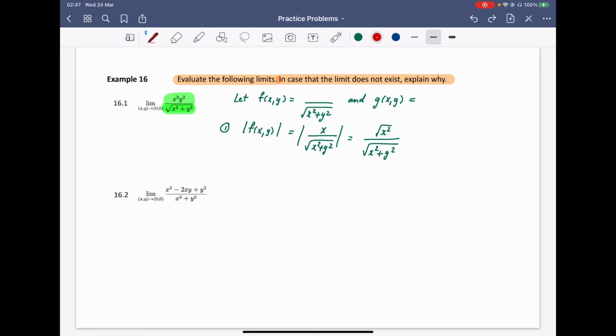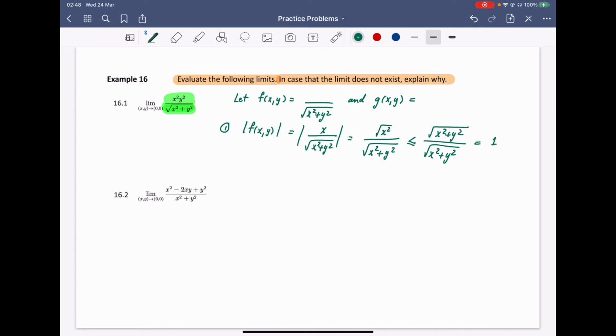You want it to be less than or equal to the square root of x squared plus y squared, which you can do for sure because y squared is greater than or equal to 0, so x squared must be less than or equal to x squared plus y squared. And on the right hand side you get 1, so you get the bound already.